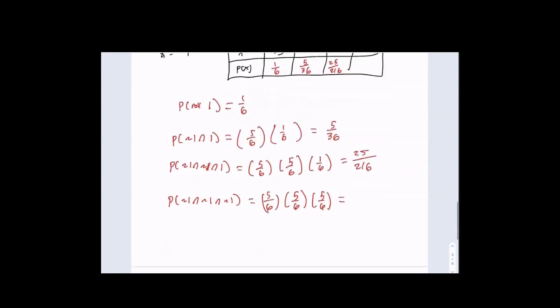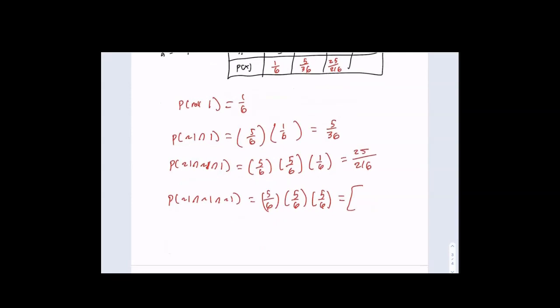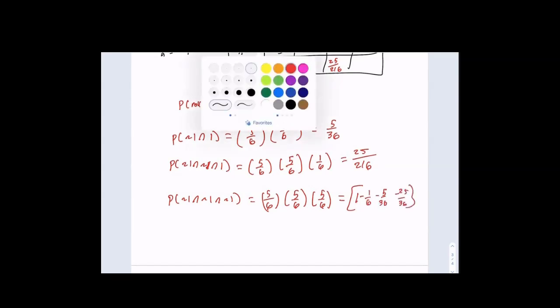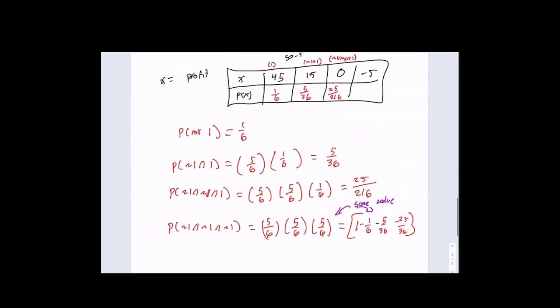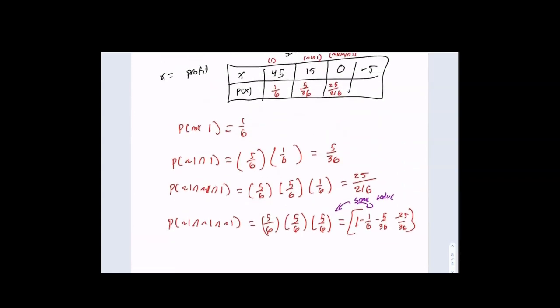But I could have also realized that this is really just 1 minus 1/6 minus 5/36 minus 25 out of 216. This could be done in either of these two ways.